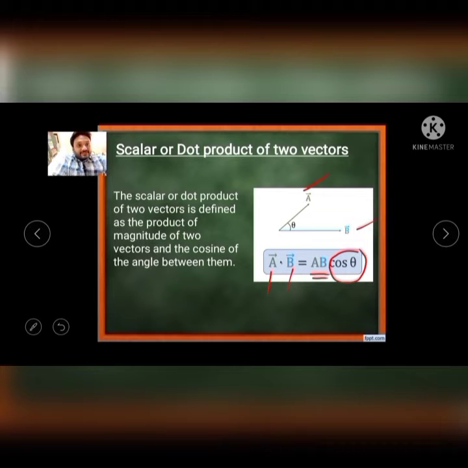Theta is the angle between vector A and vector B. So this expression will give us the scalar or dot product of two vectors.